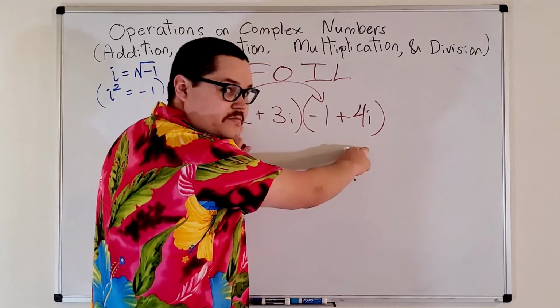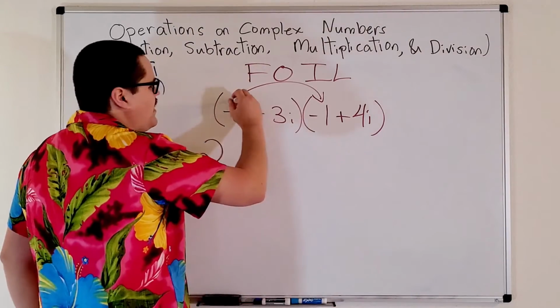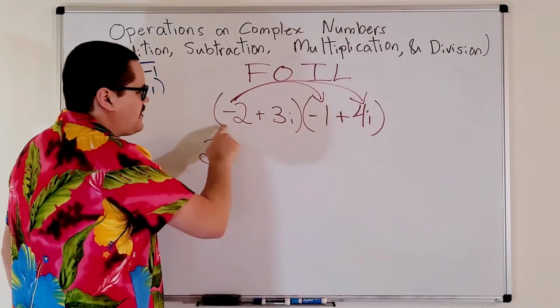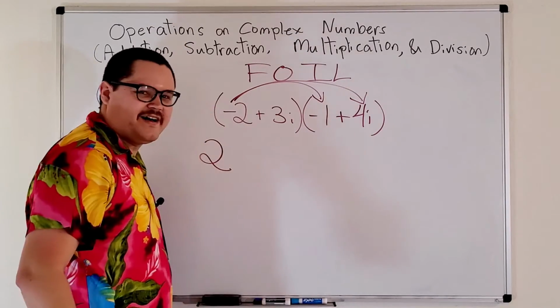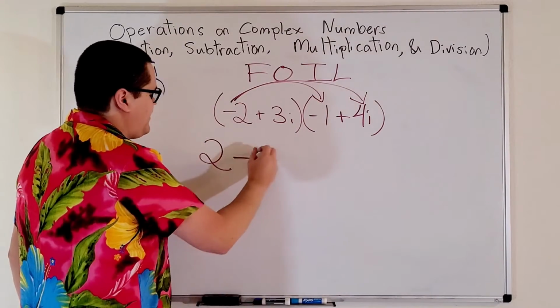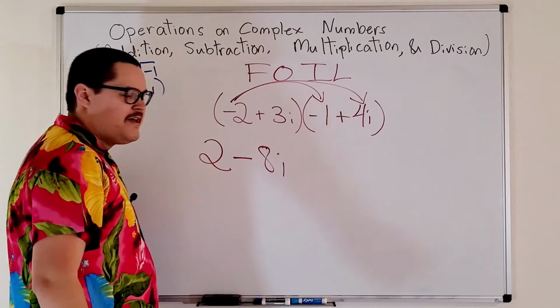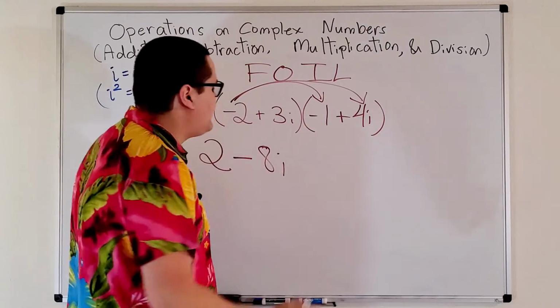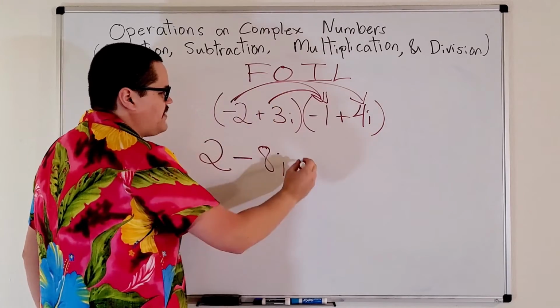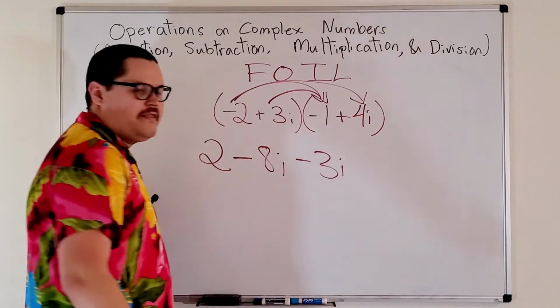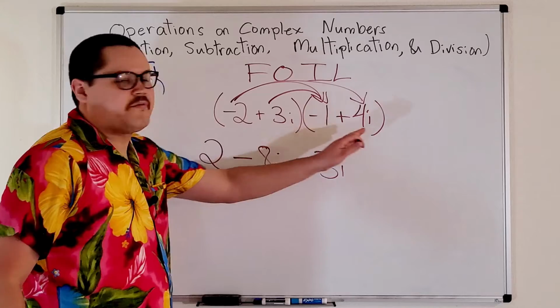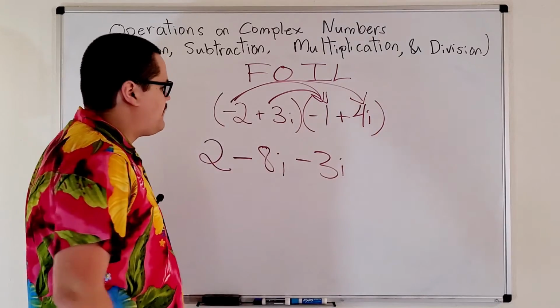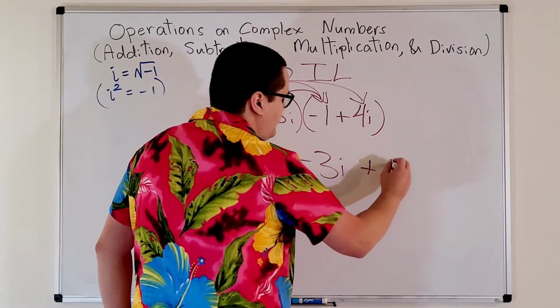The outer terms are negative 2 times 4i, which is negative 8i. The inner terms are 3i and negative 1. 3i times negative 1 is negative 3i. And the last terms are positive 3i and positive 4i, which makes 12i squared.